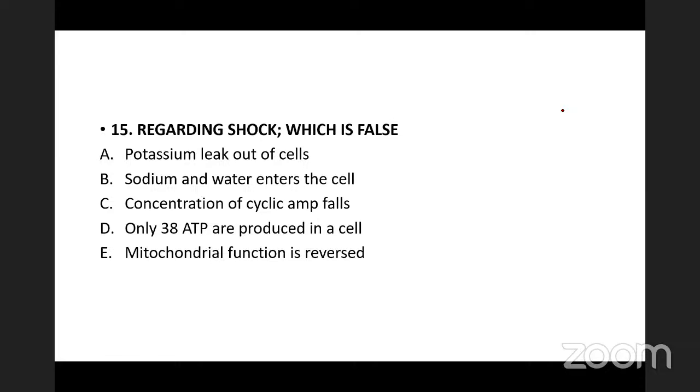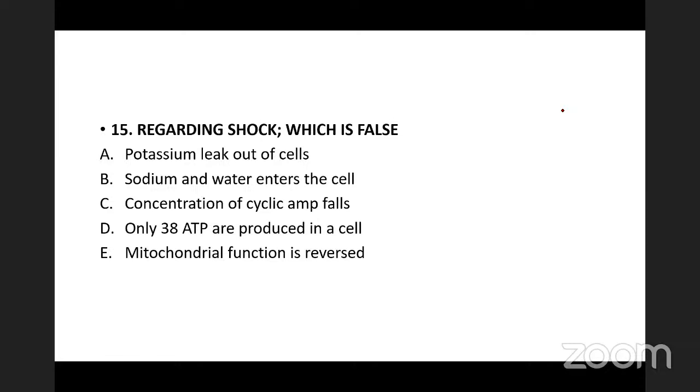Sodium and water enter the cell. Sodium and water enter the cell because when a patient develops shock, they lose a lot of blood, they develop hypoxia, and hypoxia will lead to anaerobic respiration and insufficient ATP will be produced to maintain the sodium potassium pump.